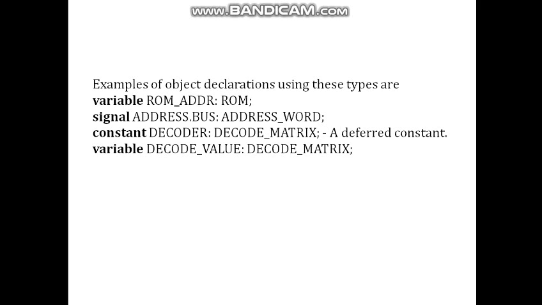address_bus is a one-dimensional array object that consists of 64 elements of type bit. ROM_address is a one-dimensional array object that consists of 126 elements, each element being another array object consisting of 8 elements of MVL.